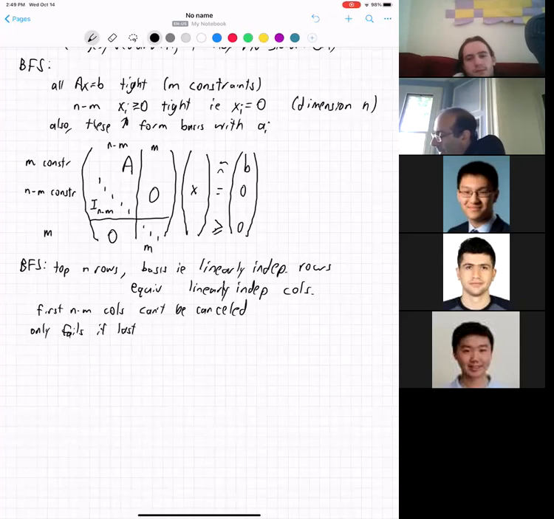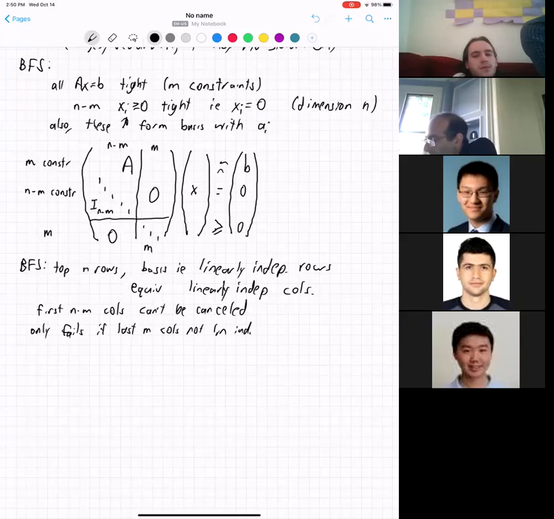So if there is going to be a failure of linear independence, which we know there isn't, it only fails if the last m columns are not linearly independent, right? So the thing to focus on, if we want to verify this really is a basic feasible solution, is these last m columns. And of course, the bottom n minus m rows of these columns are 0.